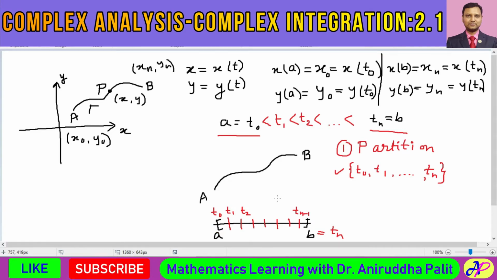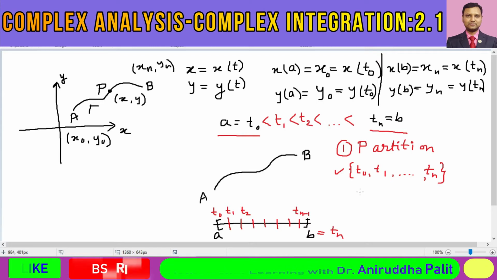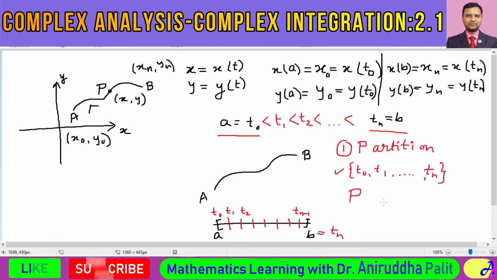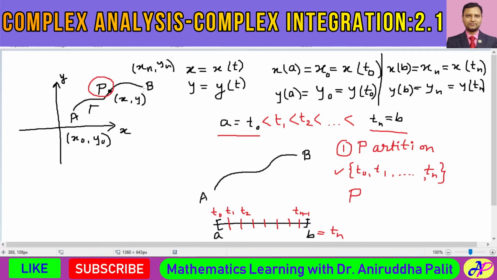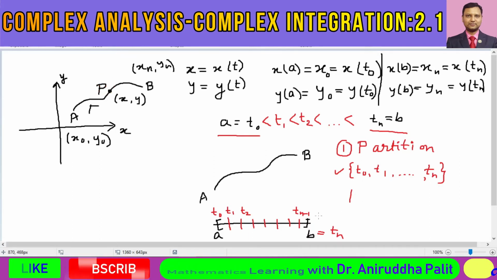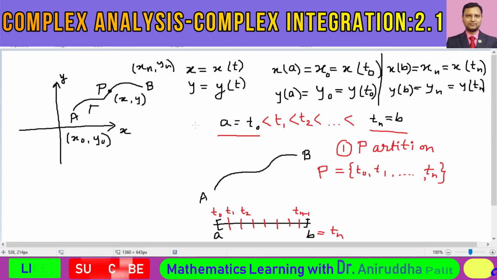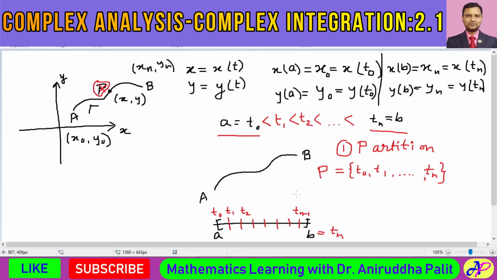Most of the time we denote this partition by the capital letter P.